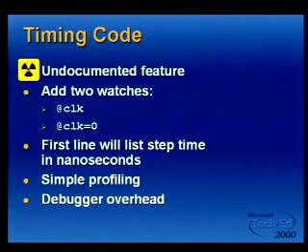What that does is print out the value of the clock, then evaluate the second one and reset it to 0. Once you've typed those in, press F10, you'll step over the function you were interested in, and these two watches will be updated, and @CLK will show you the step time in nanoseconds.